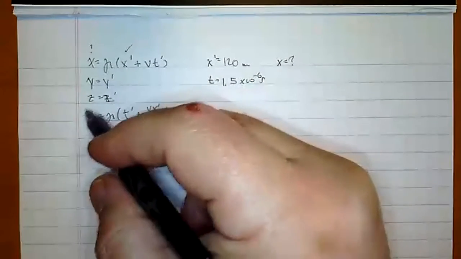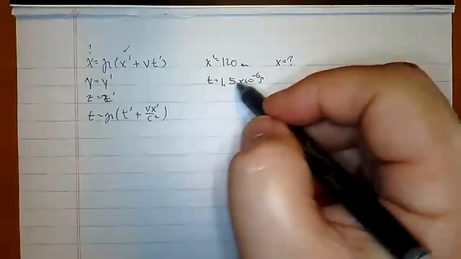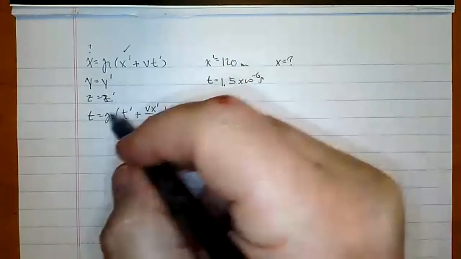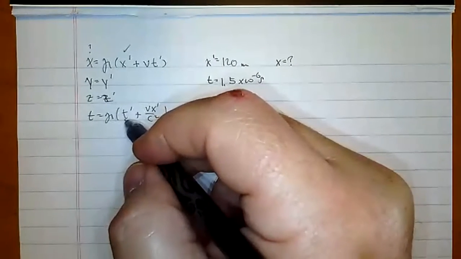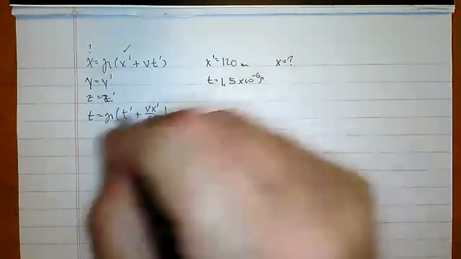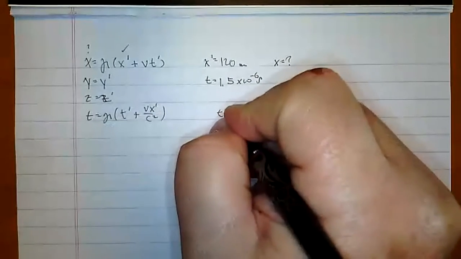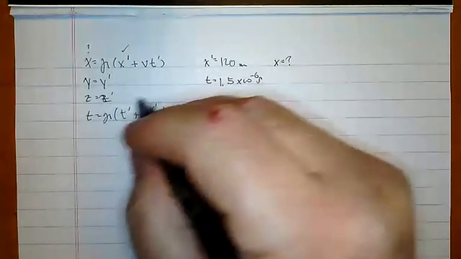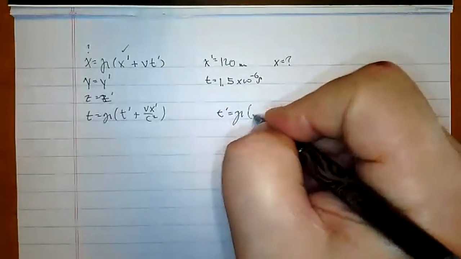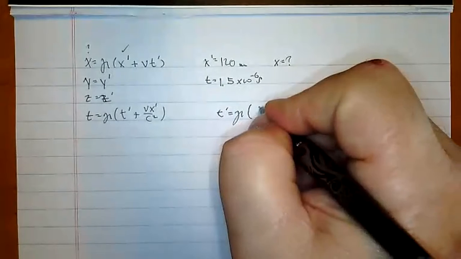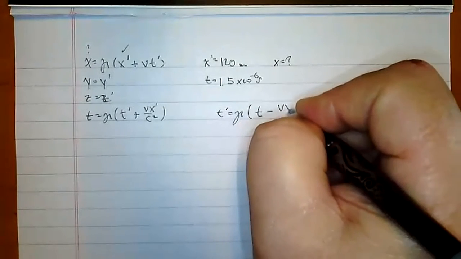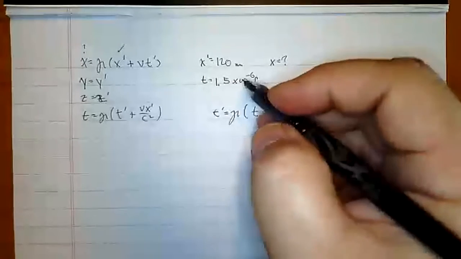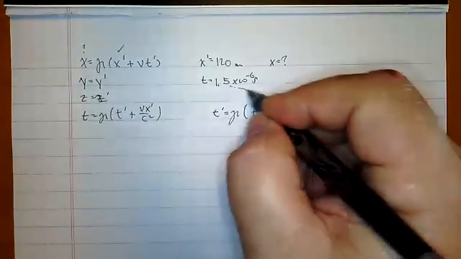On this side, I could put the t here, but then I have to solve for t prime. And of course I know x prime, so I could take all this and solve it. Or you can just realize that the equivalent is t prime equal to gamma, and all I have to do is replace this v with a negative and swap the primes, so the things that don't have primes get primes and vice versa. So now this becomes t minus v x over c squared. Since you have t, you can plug t in there, which is this guy.